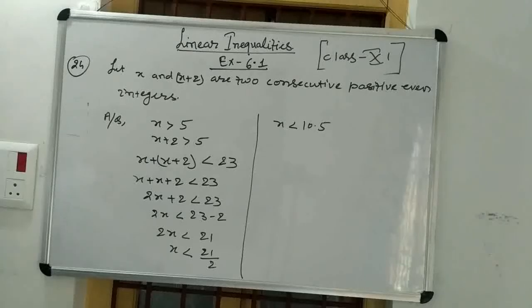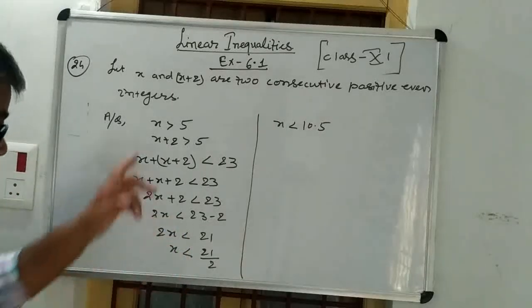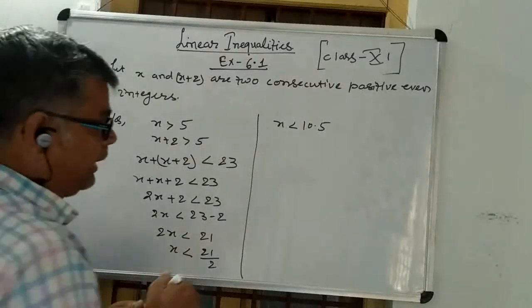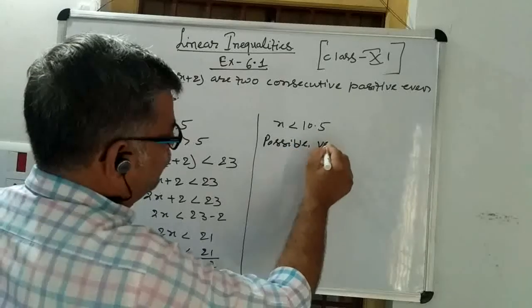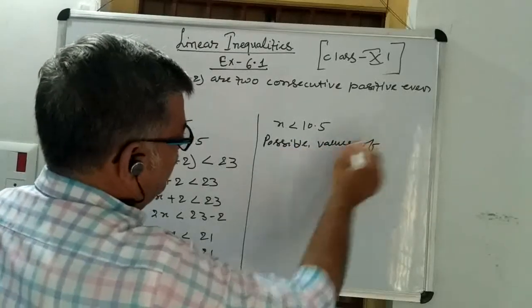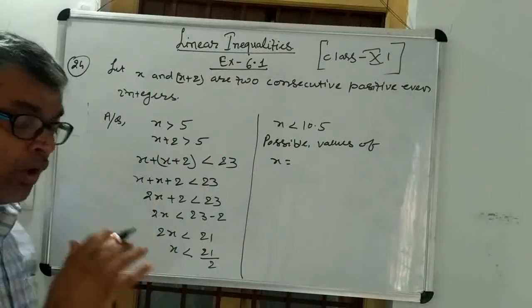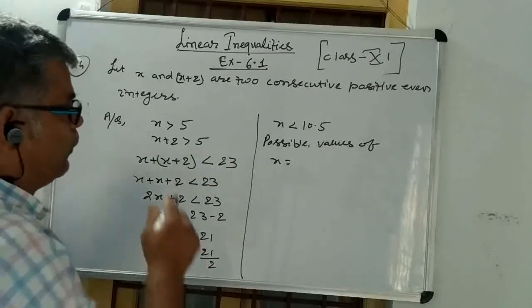Now you have to write all such even numbers x that are smaller than 10.5 but greater than 5. So what are the possible values of x? x is more than 5 and less than 10, and you may include 10 also.